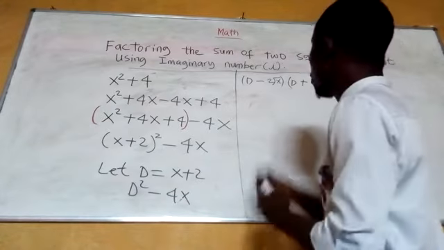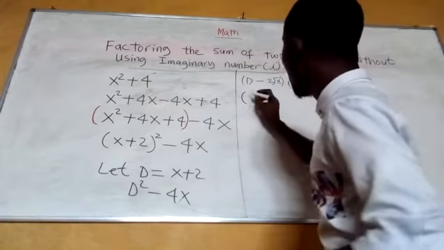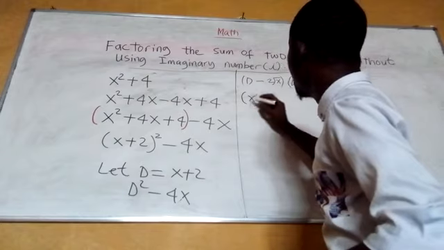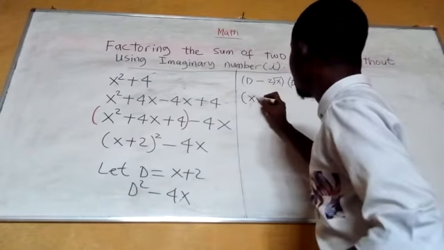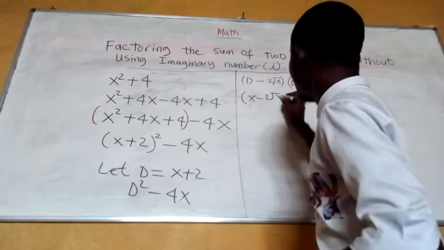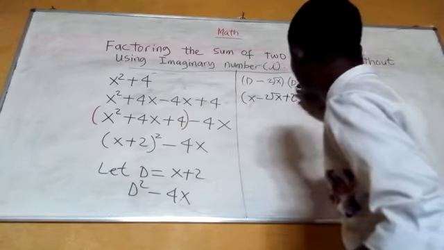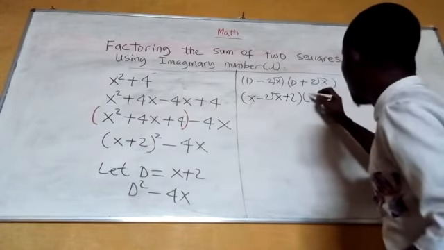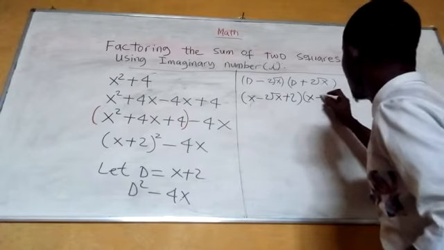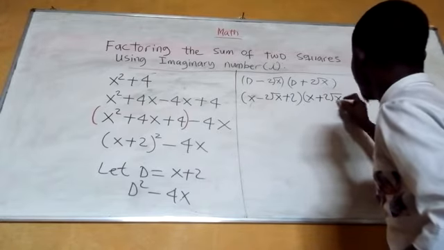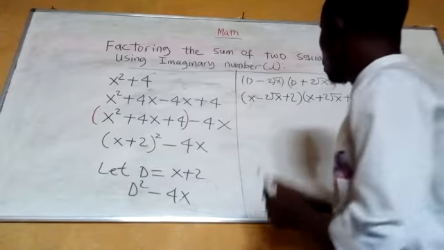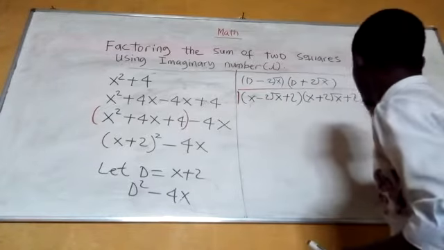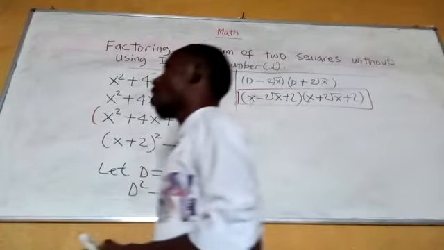So we have x minus 2 root x plus 2, and we do the same in the second factor: x plus 2 root x plus 2. We have now factorized the sum of two squares without the use of imaginary number i.